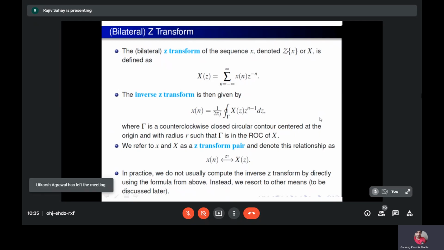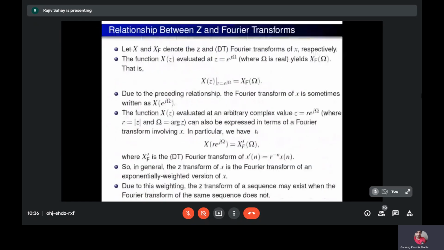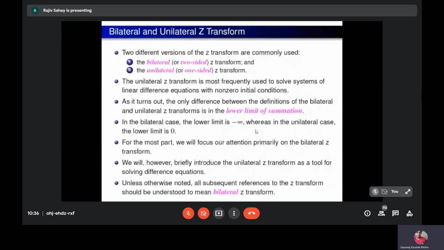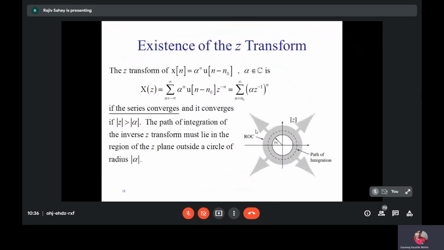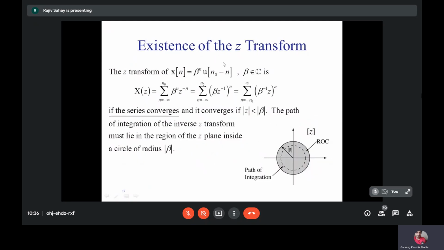This contour is supposed to be centered at the origin and having some radius such that the contour lies inside the ROC. So if you are going to use the inverse Z transform formula to calculate x of n back, then you are supposed to use the contour which will be lying in the region of the Z plane outside the circle of radius alpha, that is, inside the ROC. So that is the care that one has to take.